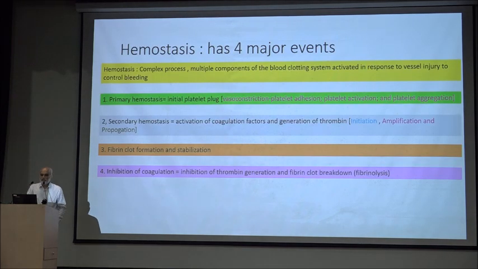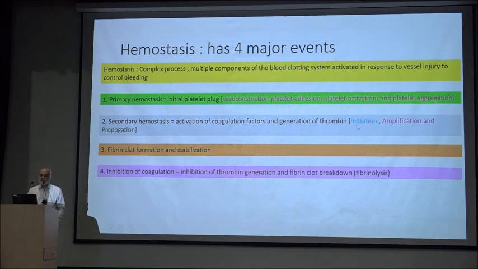So basically hemostasis has four major events. First is primary hemostasis, which leads to initial platelet plug formation, and here we have three steps: platelet adhesion, activation and aggregation. Next step is secondary hemostasis, in which coagulation factors are activated and thrombin is generated.